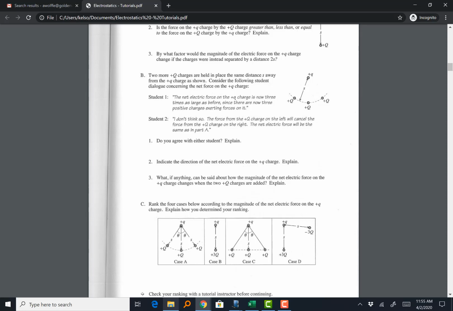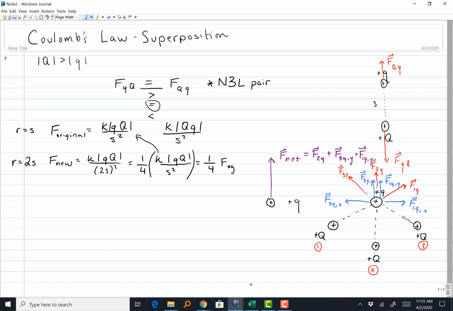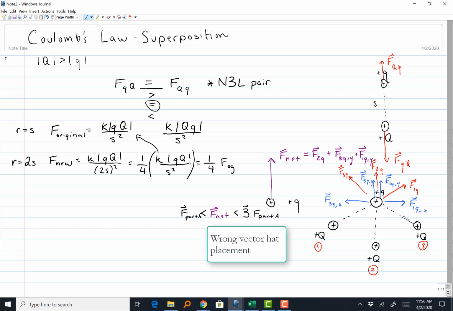To summarize what I've said so far, the net force for part B is going to be greater than the force from part A, but less than 3 times the force from part A, as student 1 had indicated.